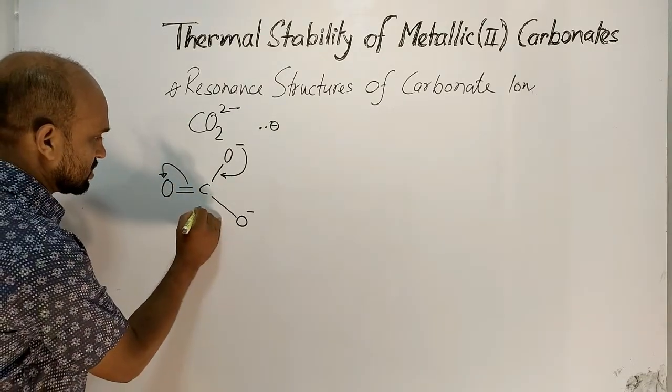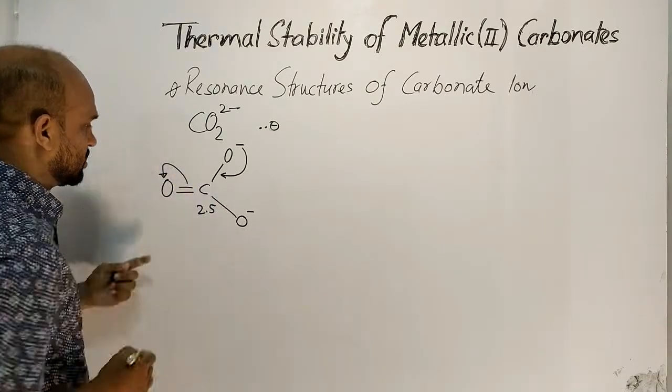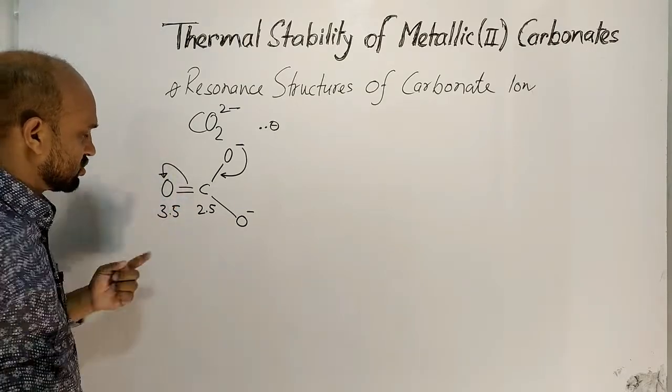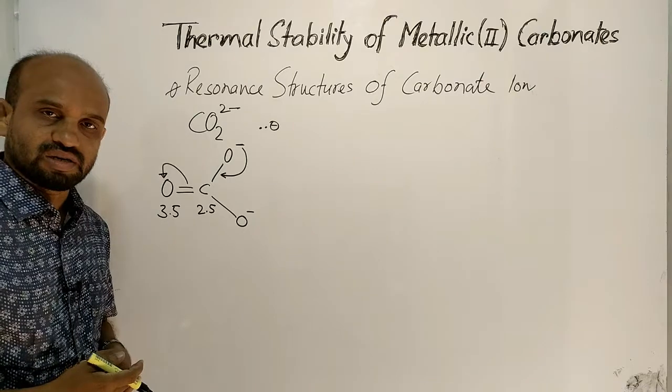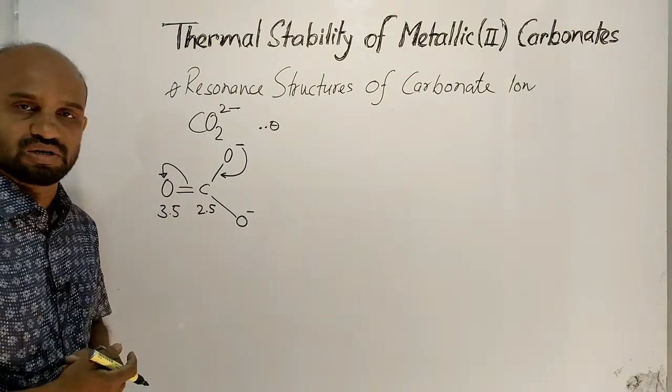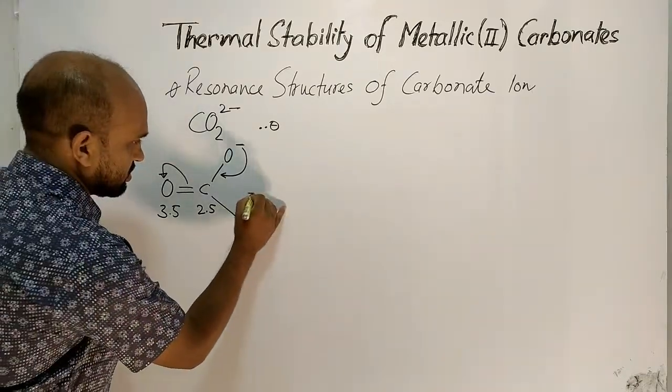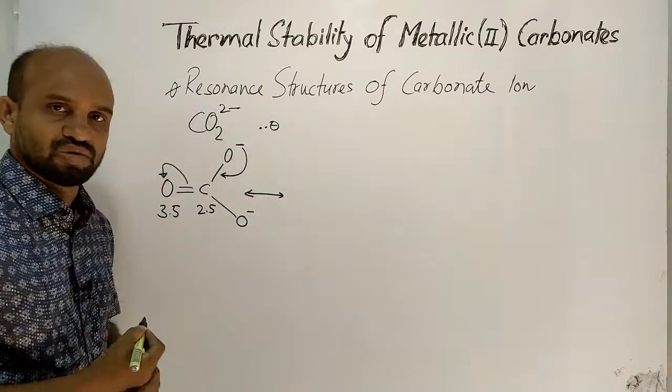Carbon's electronegativity is 2.5, oxygen's electronegativity is 3.5. So oxygen attracts this covalently bonded electrons towards itself, and this structure is obtained.